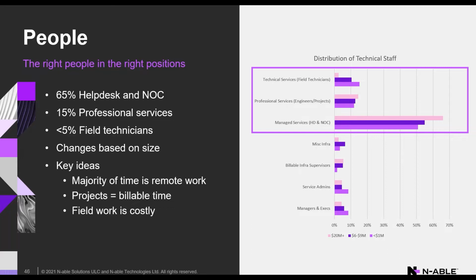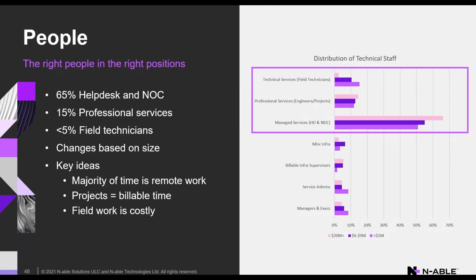If I'm a $1 million MSP who is pushing everybody from break fix to fully managed up that maturity scale we saw earlier through a la carte and proactive, I might be 50-50, which means I've got to have 10 to 15% of my technician staff being field. I've got to have 15% being professional services. I've got to have only 50% of my technical staff being help desk because I still need a manager, right? I still need somebody there for structure.